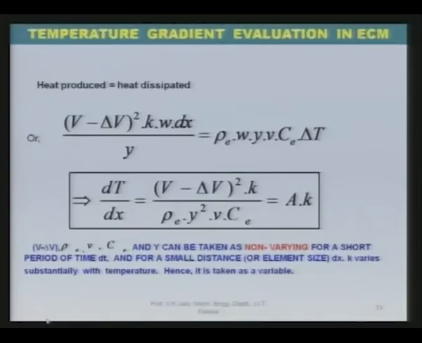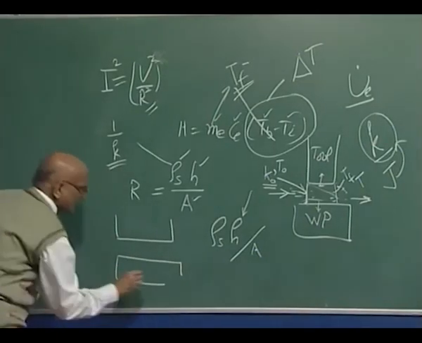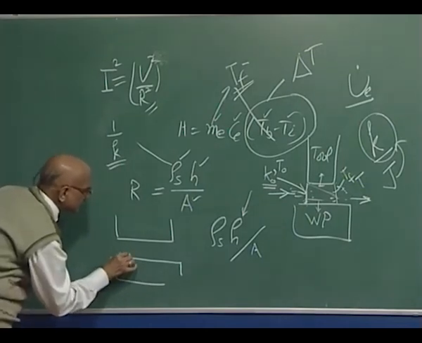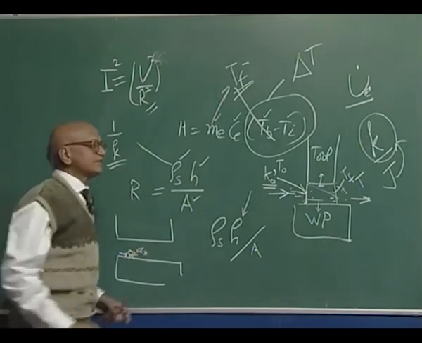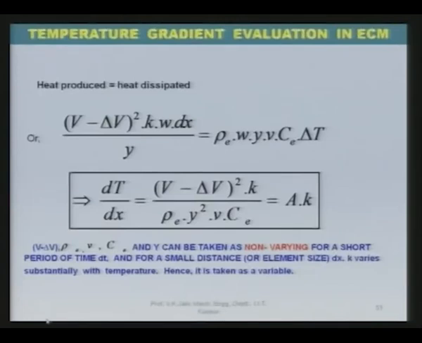V is the velocity of the electrolyte and C is the specific heat, both of them are again considered to be constant. Let us take it like this, that this is the tool and this is the workpiece, and we are assuming that at a small distance dx, these parameters are constant, especially the interelectrode gap and flow velocity.